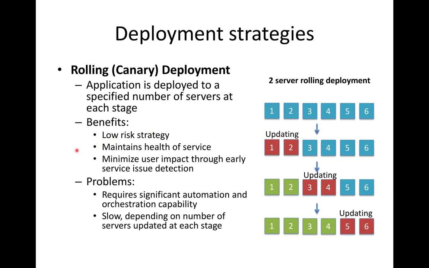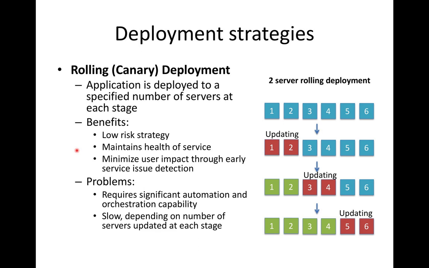Another way to sort of roll out these changes to our environment is what we call a rolling deployment, or sometimes it's also called a canary deployment. And in this case, what we do is we specify that we want to upgrade a certain number of servers within our pool at each time.